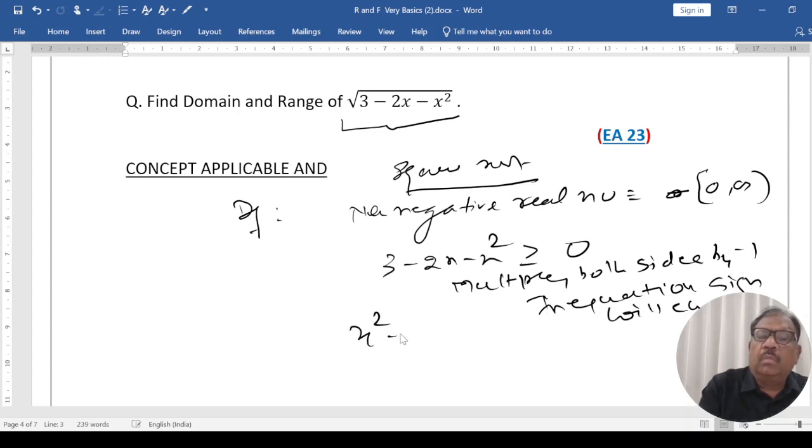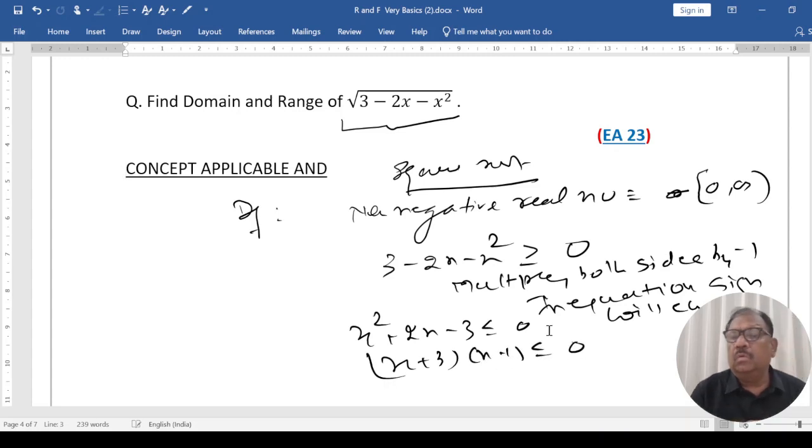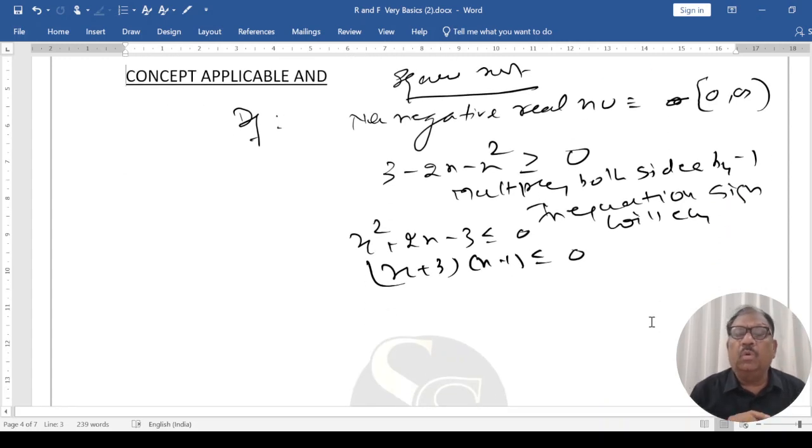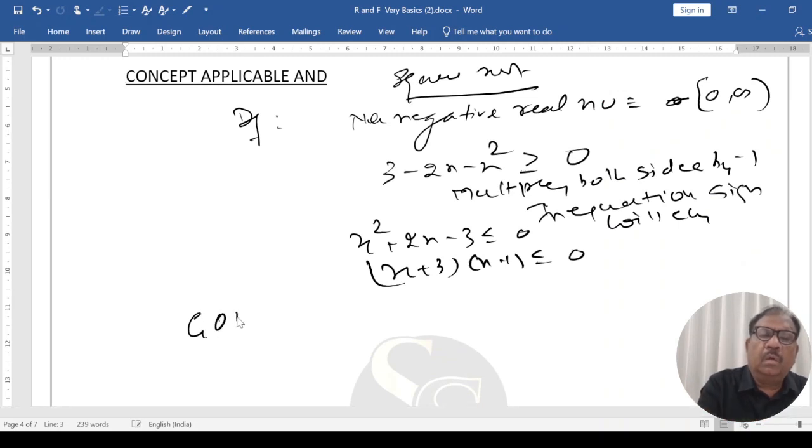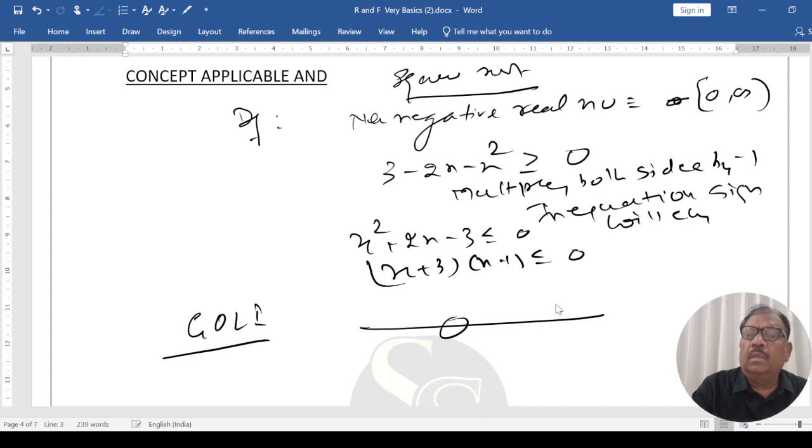X square plus 2x minus 3 less than or equal to 0. X plus 3 times x minus 1 less than or equal to 0. Less than or equal to is our concept: greater for outside, less for inside. This is the closed interval.